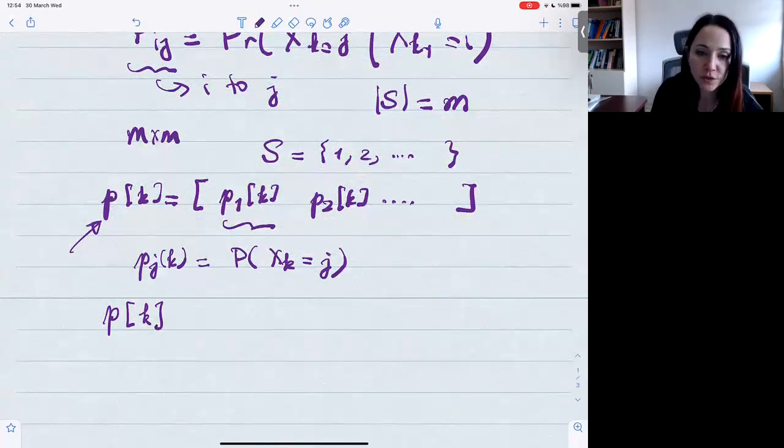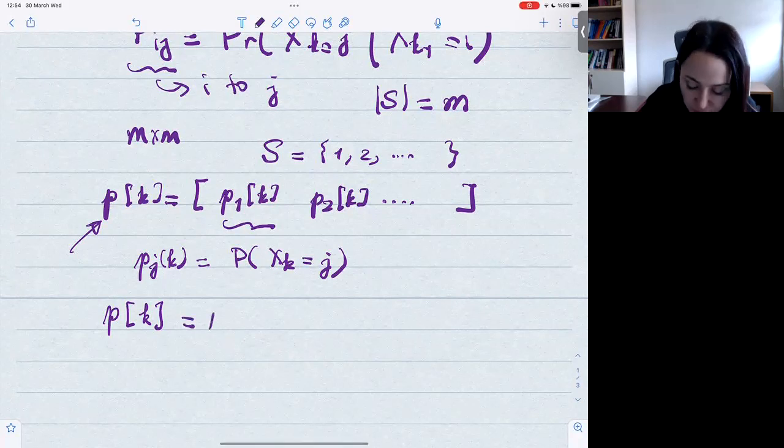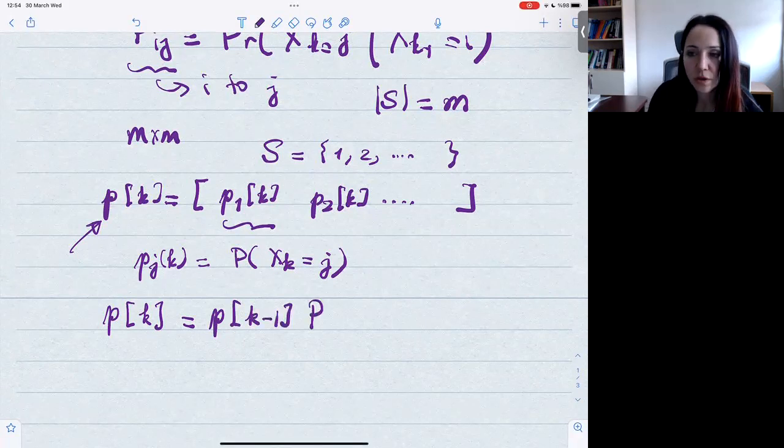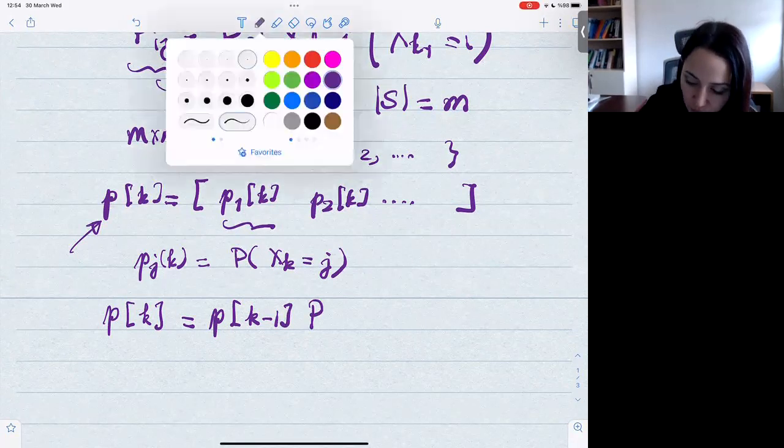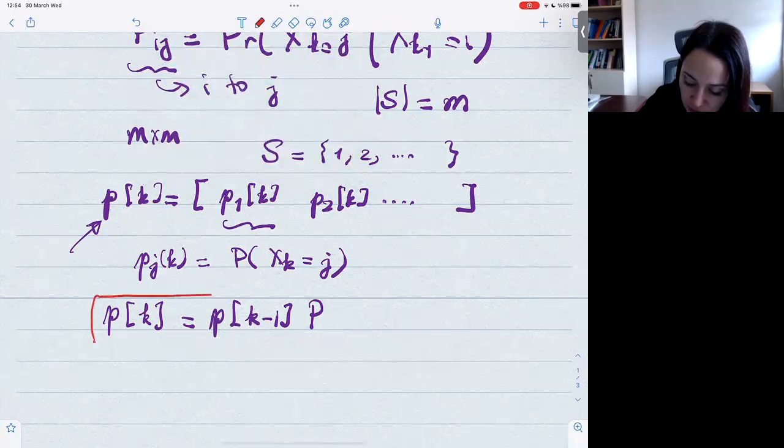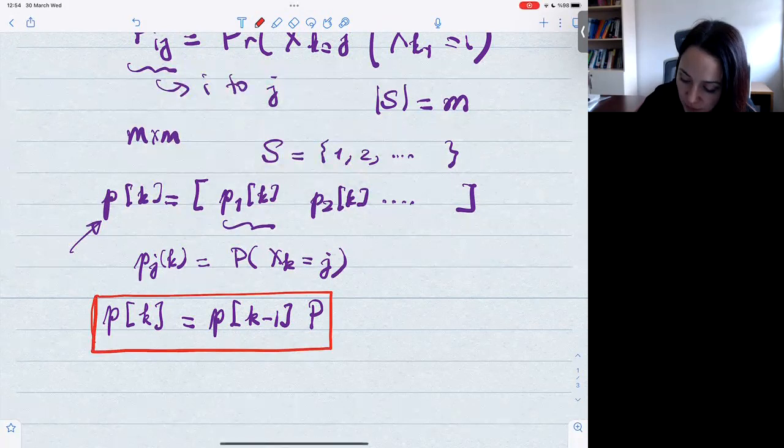By the definition of the state transition probabilities and by the total probability theorem. So I can write this vector as the product of the vector at time k minus 1 times the transition probability matrix P. This is the equation that gives us the dynamics of the Markov chain.